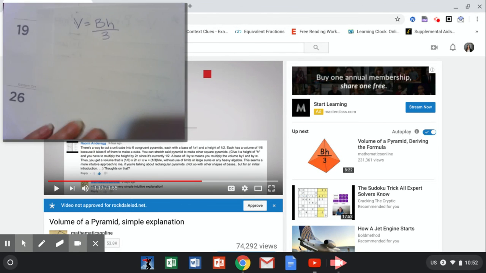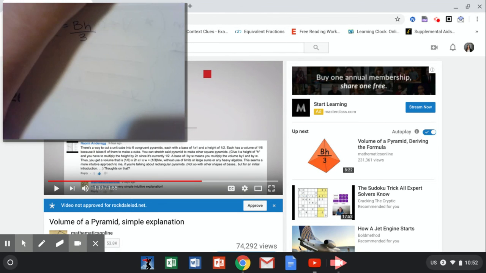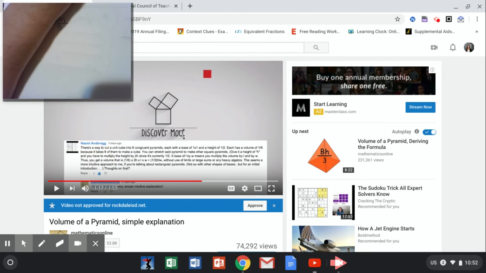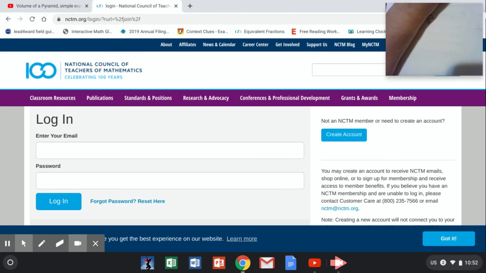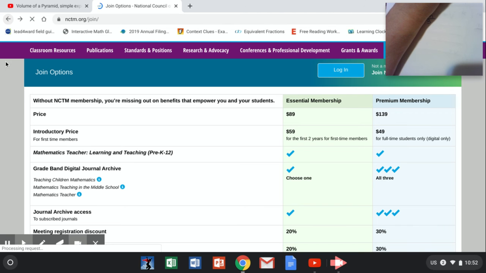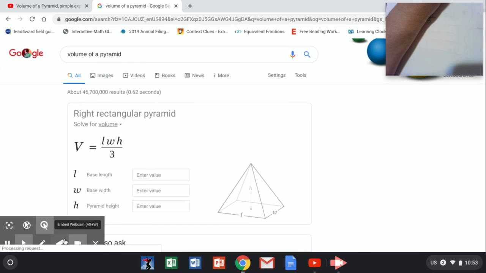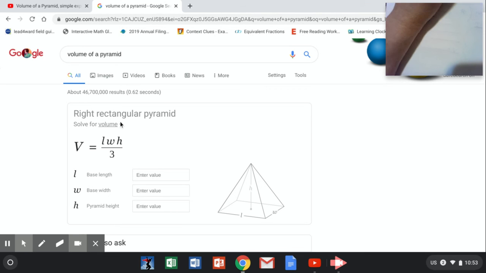All right, so let's zoom out of this, and okay, so here is our formula again. This is a rectangular pyramid, which means the bottom or the base, I'm going to highlight that, is right here.